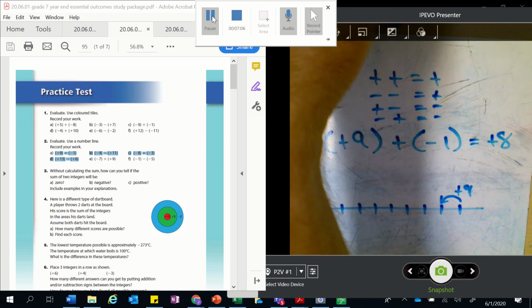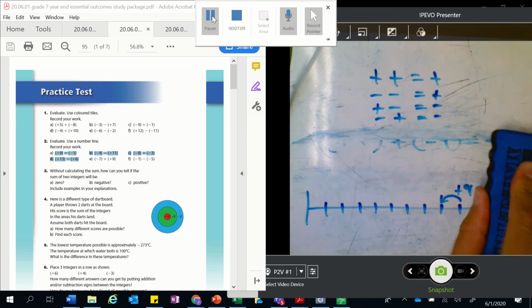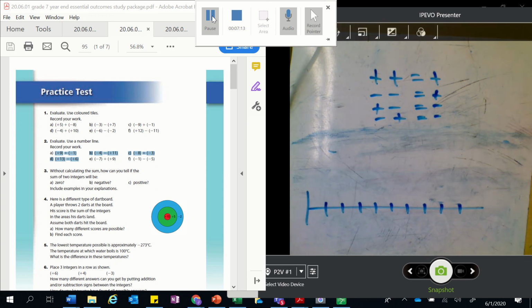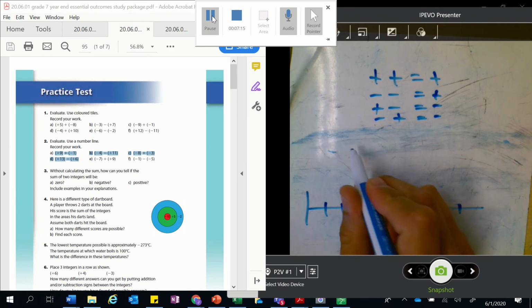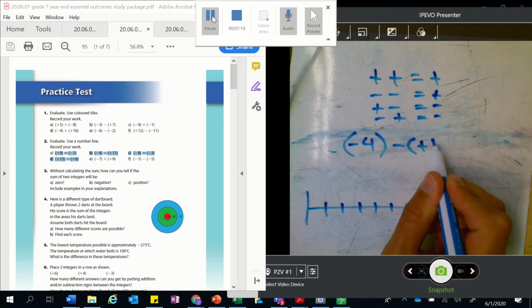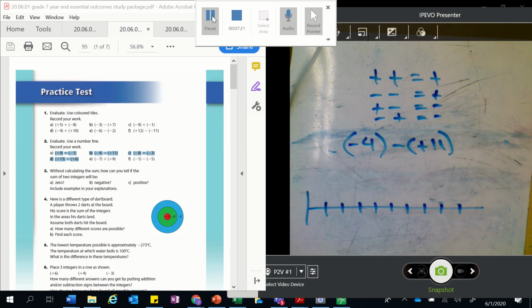Let's look now at another example. Let's go for 2b. 2b is minus 4 minus plus 11. Well, let's see. If I've got 0 here, 1, 2, 3, 4, I have minus 4.